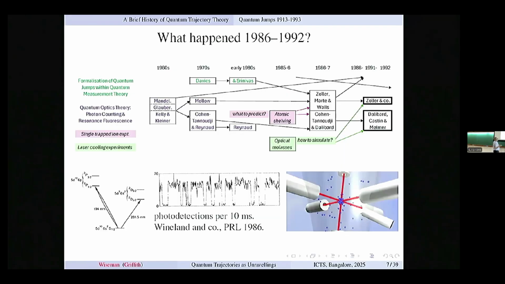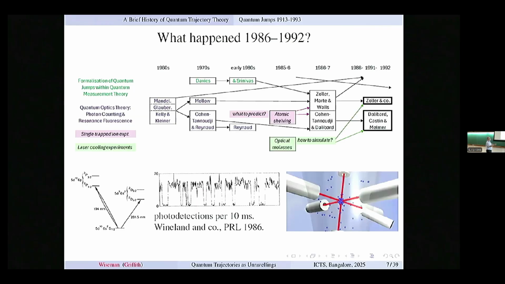And so then this, along with Dalibard, obviously the author in common here, but with Yvan Castin and Klaus Mølmer, came up with this idea that the quantum jumps suggested by the theory here could actually be generalized to any atomic system undergoing spontaneous emission and could be used to simulate usefully a phenomenon like optical molasses.